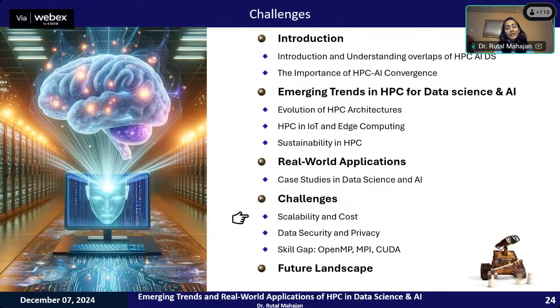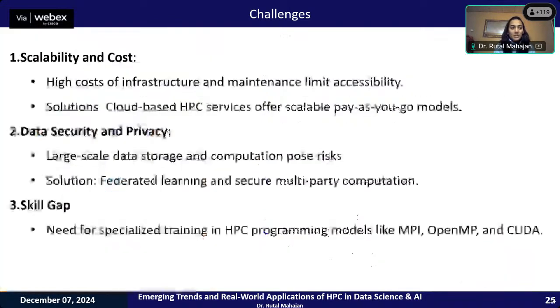So what are the challenges of using HPC in AI and data science applications? Let's see the scalability and cost: the high cost of infrastructure and maintenance limits accessibility. For that, cloud-based HPC services offer scalable pay-as-you-go models.